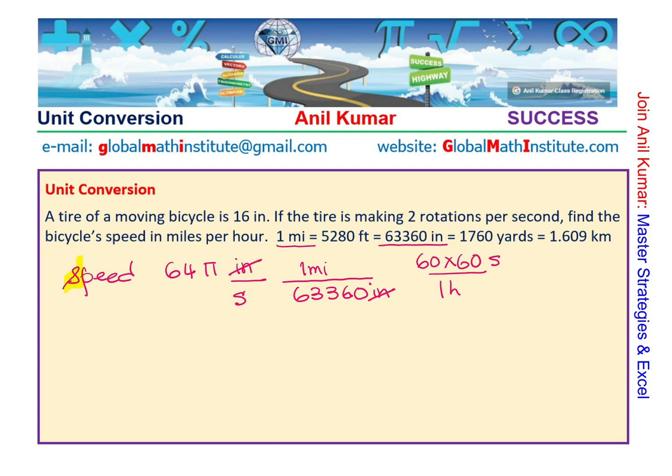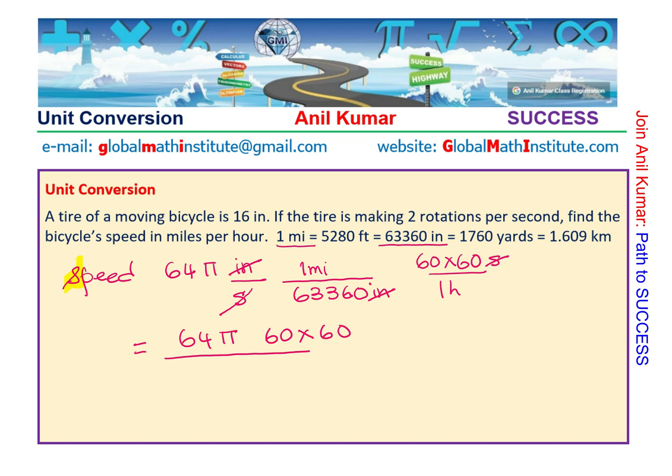Seconds and seconds cancel, and we get 64 pi times 60 times 60 over 63,360, and the units will be miles per hour. Is that clear to you?